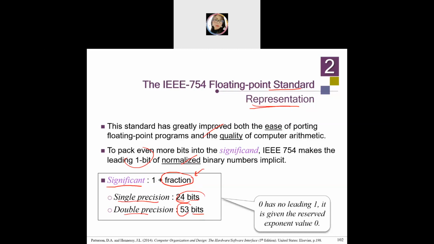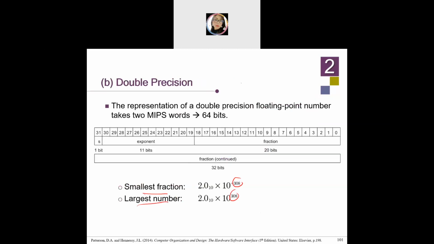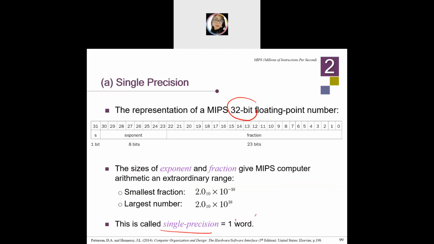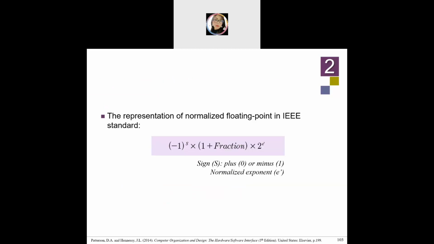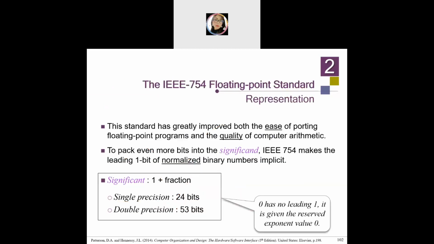Just now you learned 23 for fraction and 52 for double precision. But now you can see here it's mentioned your significand needs to add 1. Your significand is 1 plus your fraction.